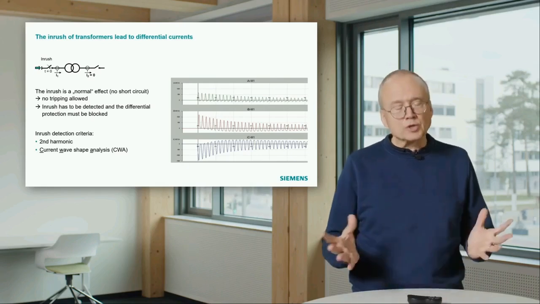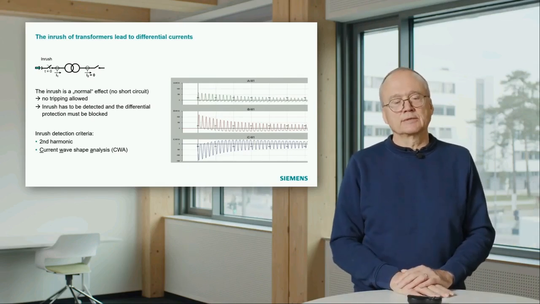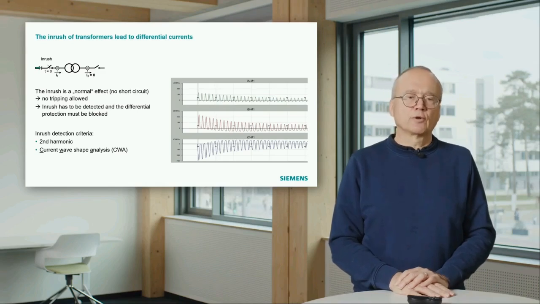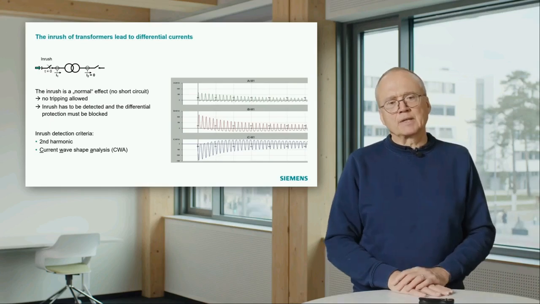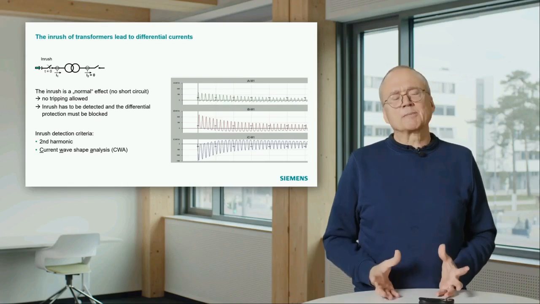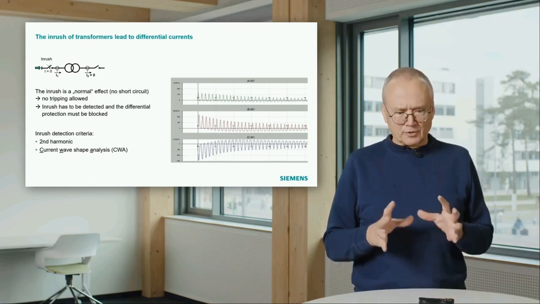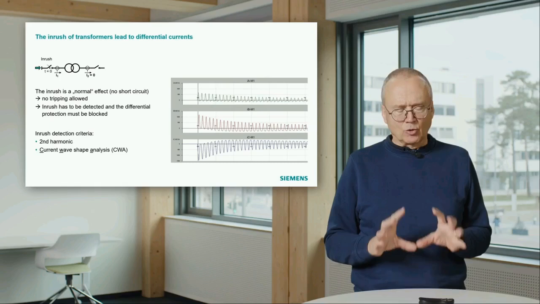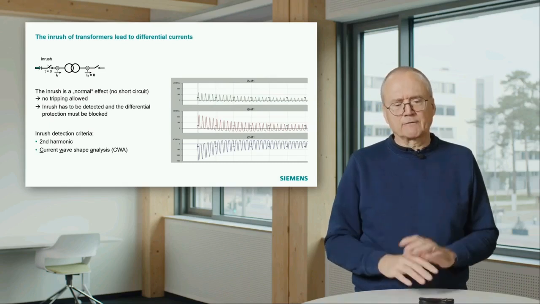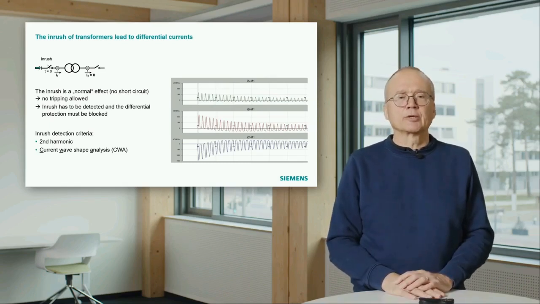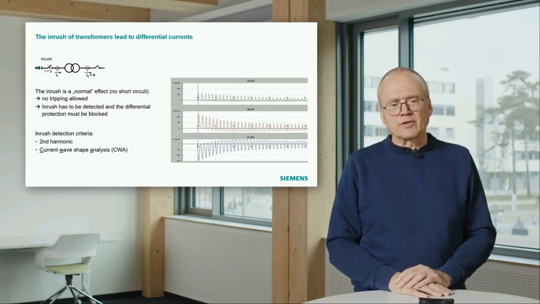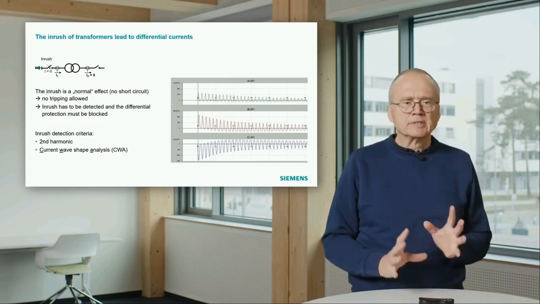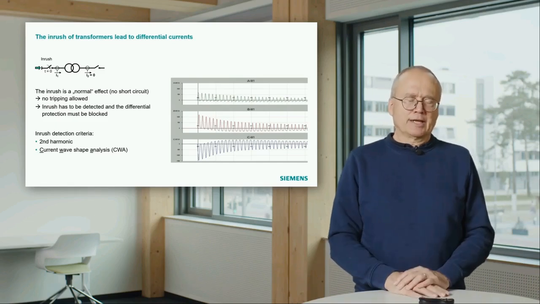So the use of second harmonic has been used for decades already. What we realized in recent times is that due to optimization of the transformer design and also resulting from new magnetic materials in the transformer, this second harmonic criterion turned out to be a bit difficult to set.